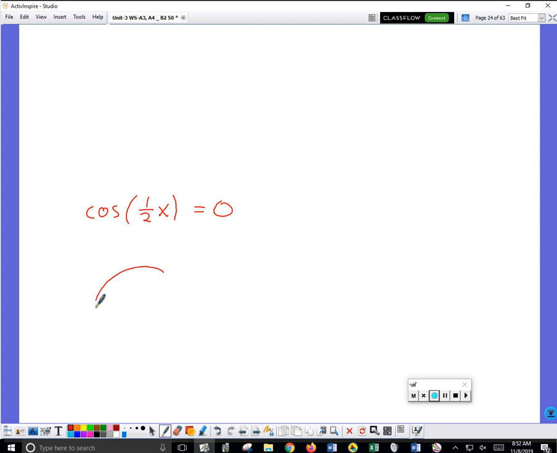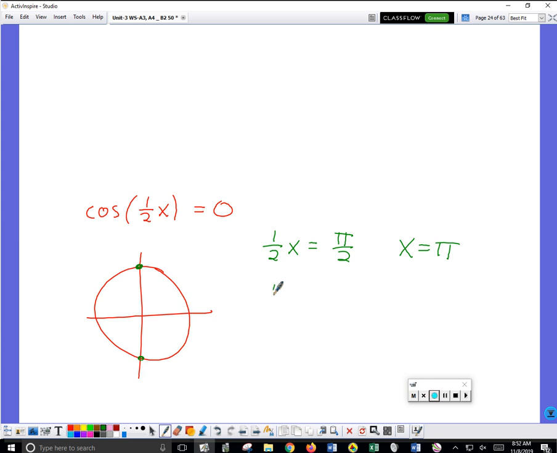We thought of the unit circle memory aid and thought, okay, we need this angle or this angle. So we need 1/2 x to be either pi over 2, in which case x has a value of pi, or 3 pi over 2.